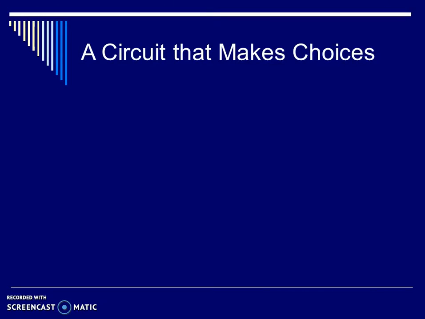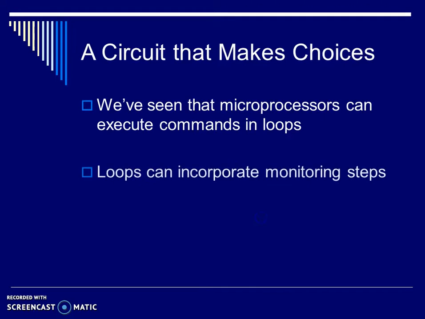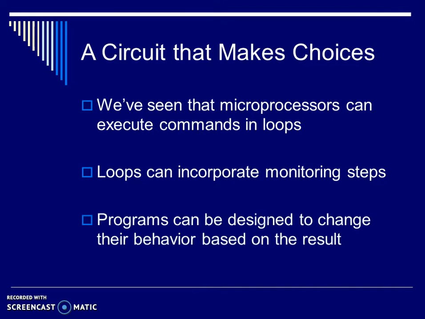So what we want to be able to do in computer engineering is have our circuits make some kind of choice. We've seen already that our microprocessor can execute commands in a loop. Well, what we can do is change that loop a little bit and incorporate steps of monitoring the outside environment.